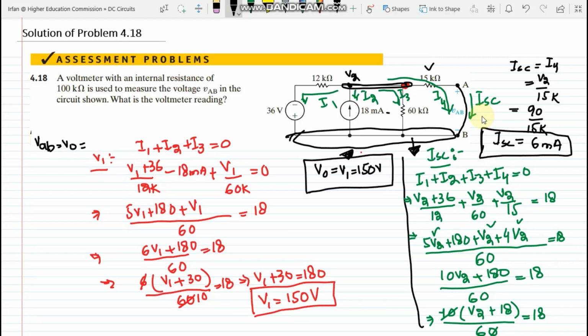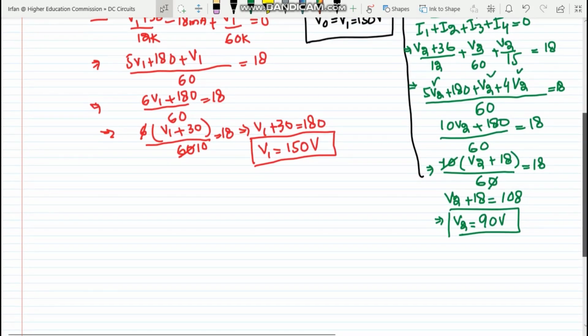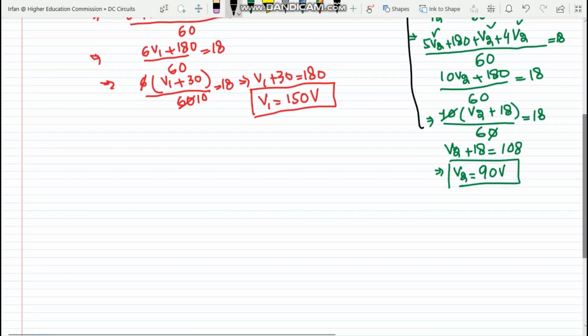The value of ISC is 6 milliamperes, the value of V0 is 150 volts. Now, in order to find the value of RTH, I know the value of RTH is V0 divided by ISC.